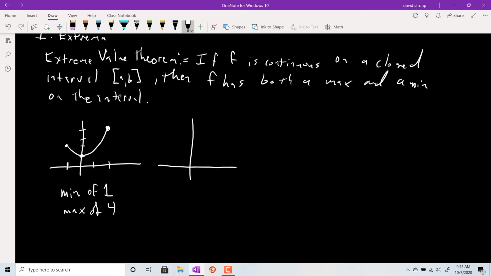So looking at other cases then, in this case it's continuous but only on this open interval. So just kind of the same kind of graph.